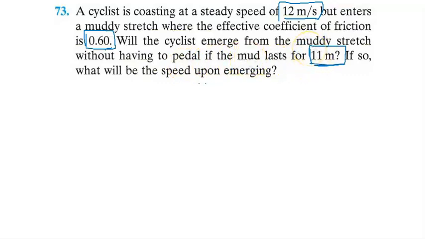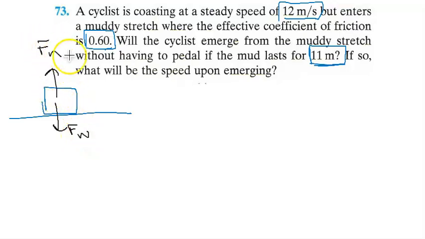Okay, so this is kind of an open-ended question. If so, what will be the speed? Oops, sorry. So let us draw the force diagram one more time. I'm just going to pretend like the cyclist is a box. So you have the weight. You have the support force.